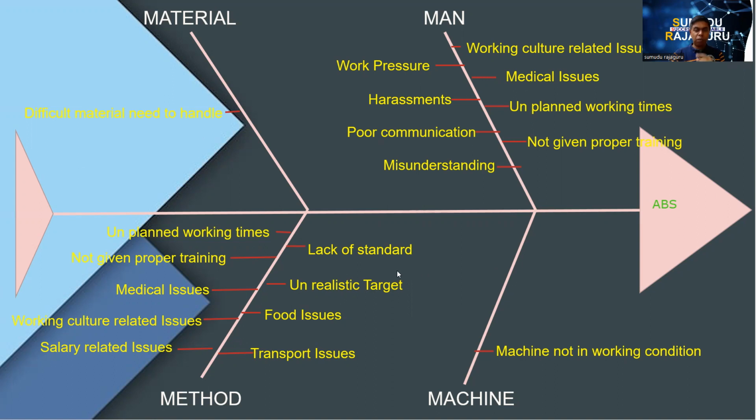When we go through this fishbone diagram, most of the causes are categorized under man and method. This is actually a problem analyzing tool. Now we have to go for the problem solution, and first we have to prioritize.